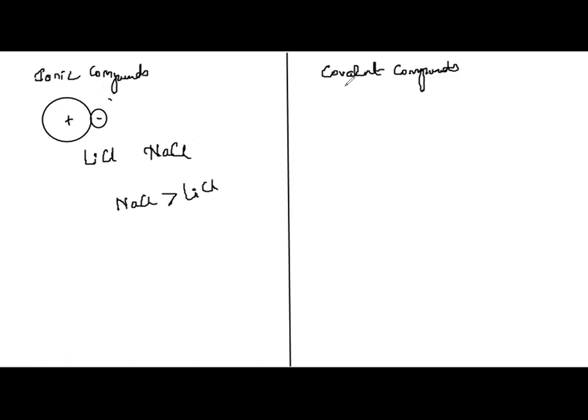Speaking about covalent compounds, see magnitude of polarization or increased covalent character. Where is more covalent character? It depends upon a number of factors. Under that, the first factor is Fajan's rule.